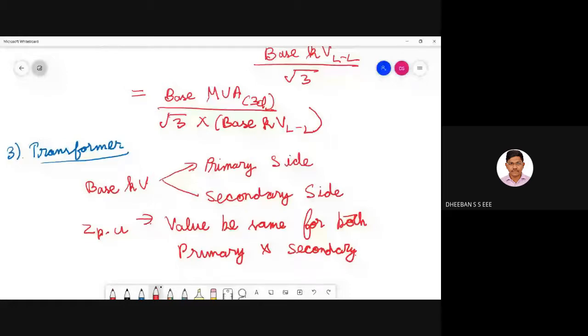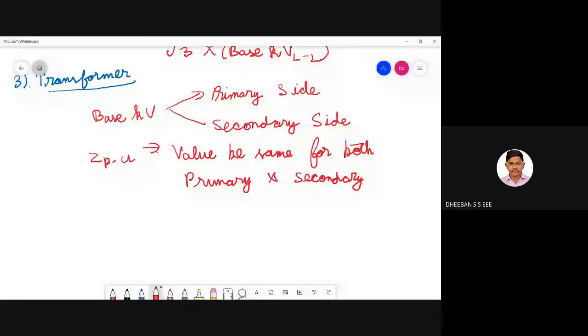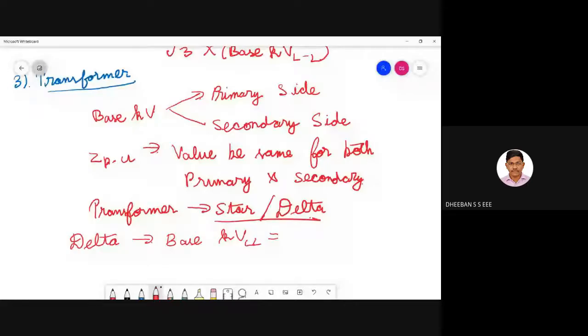So the next one is, as I said, the transformer will be represented in star and delta configuration. If it is represented in delta configuration, then your base line voltage will be equal to your base phase voltage.